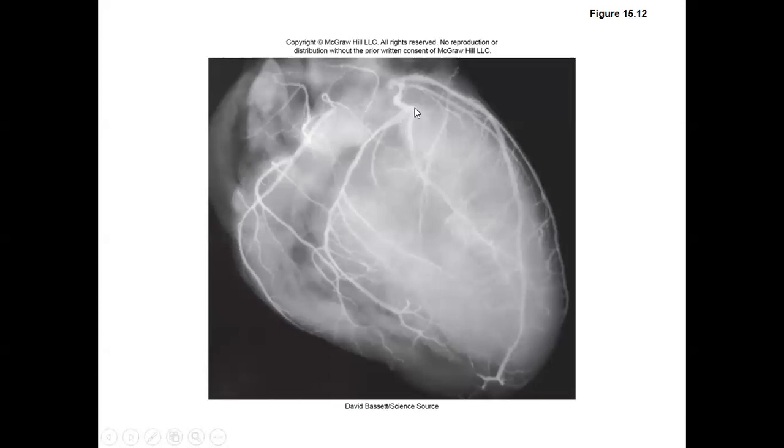So if you saw this was all lit up and then all of a sudden you couldn't see anything past this spot right here, then that would be where the blockage is located, showing you that none of this blood is actually flowing, but the vessels here, there's no blood flow. So this is a way to see where you have blood flow throughout the heart, and if there are any damaged portions of the heart. If there was a damaged portion, it will be completely dark. You wouldn't see the actual vessels.